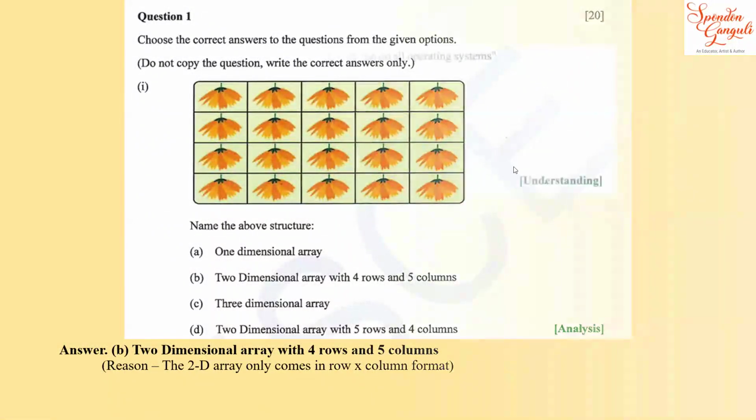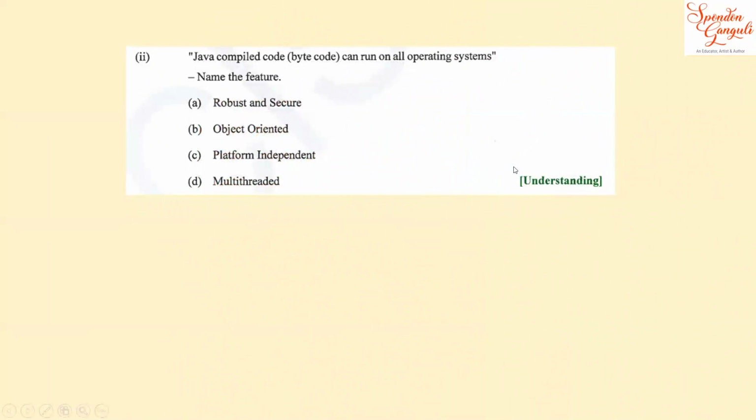Next question. Java compiled code, that is bytecode, can run on all operating systems. Name the feature. Is it robust and secure, object-oriented, platform-independent, or multi-threaded? This question is categorized under understanding. You need to understand the concept.